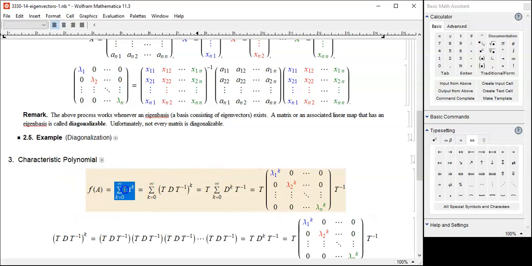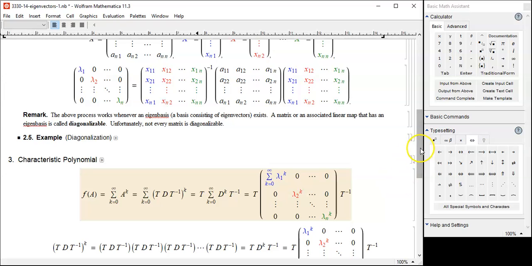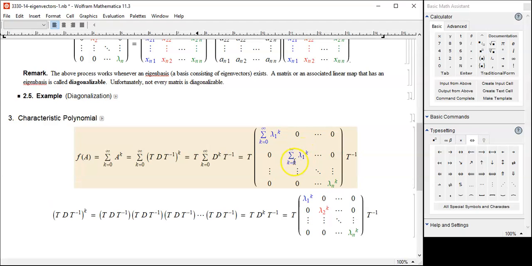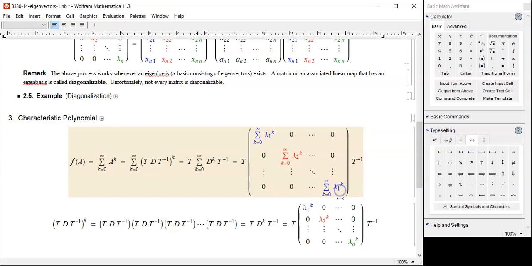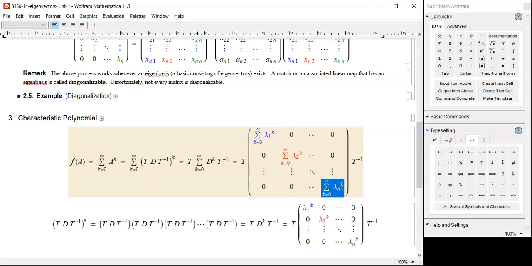So basically we have just a power series expression in here for lambda 1. And then exactly the same thing for lambda 2, and then exactly the same thing for lambda n, the last entry. And then what are these? These are just power series expressions for real number arithmetic. So we can handle it.